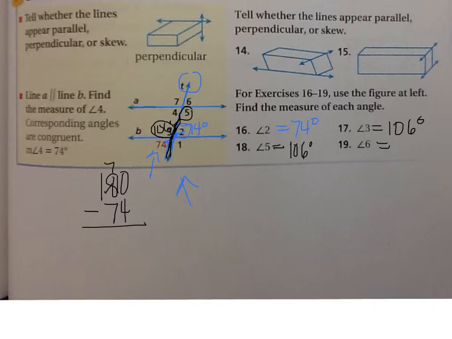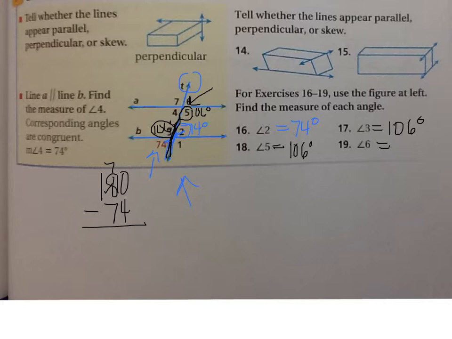Angle 6, look at where 6 is at. Now, there's a couple things you can do. We know that number 5 is 106 degrees, so could we use the supplementary angle rule? Yeah, because it makes a straight line with angle 5. I could go 180 minus 106. Can I also use corresponding angles? Yeah. What angle does angle 6 correspond to?